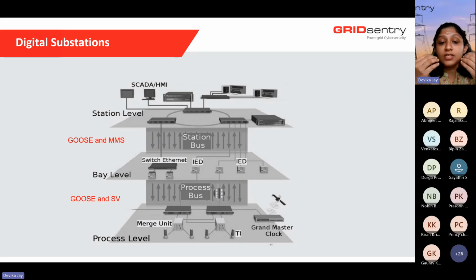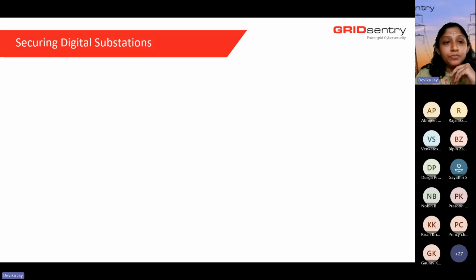For example, if there is an actual high current scenario and the attacker masks it, your IEDs are never going to know about it, which will result in high current flowing throughout the network, which might even blast your transformer and even cause loss of life. That is where the depth of this problem lies, and that is why securing substations is so important.